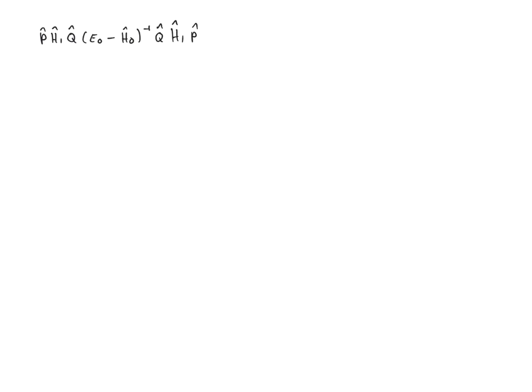Okay, so we take this expression, and we have to consider all of the different possibilities within this projector P for our ground state. What I actually am going to do, for simplicity, is just consider the spin flip term in here. And what I mean by that is I'm going to imagine that the starting condition is going to be up-down, and the finishing condition is going to be down-up.